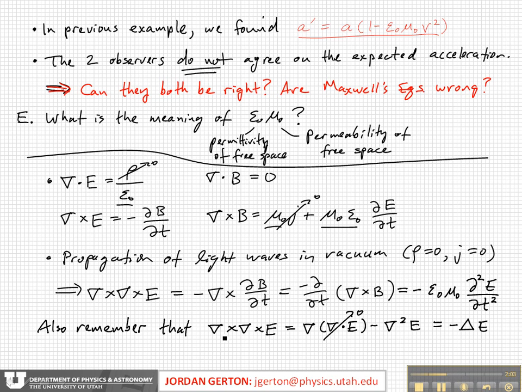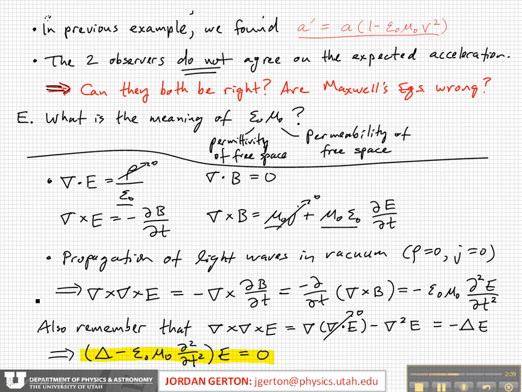And so in the end, we're left with an expression that the Laplacian minus second time derivative of the electric field is equal to 0. Okay, so let's highlight that. All right.